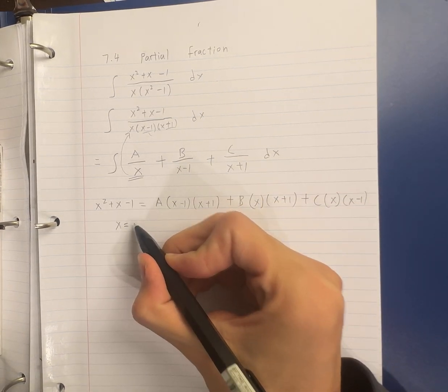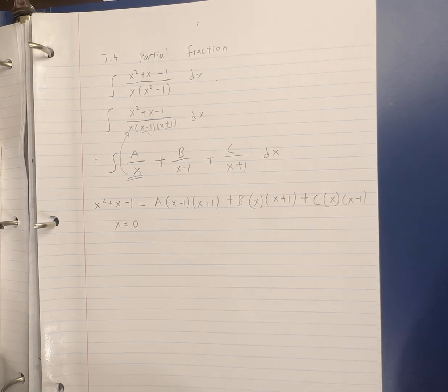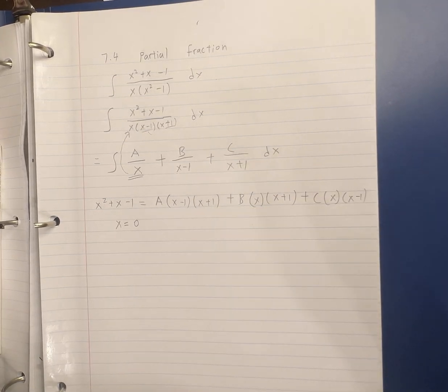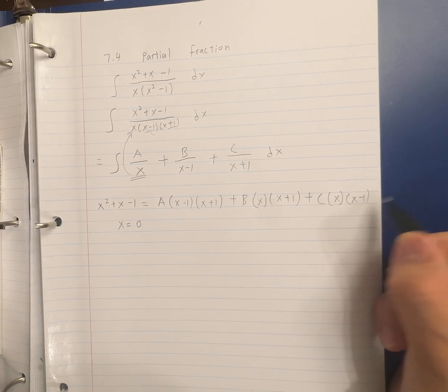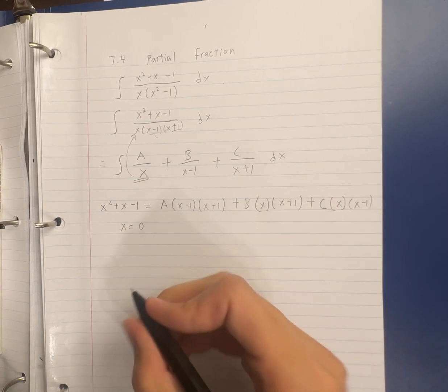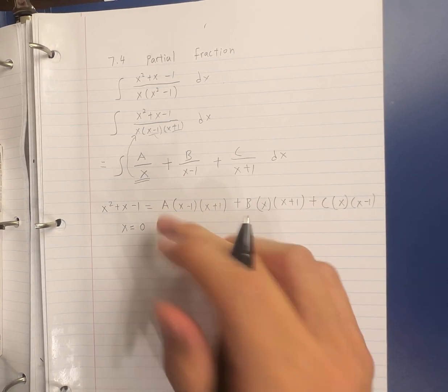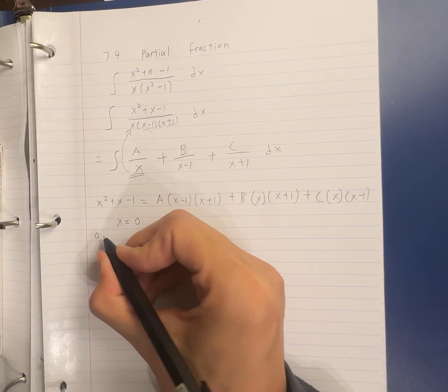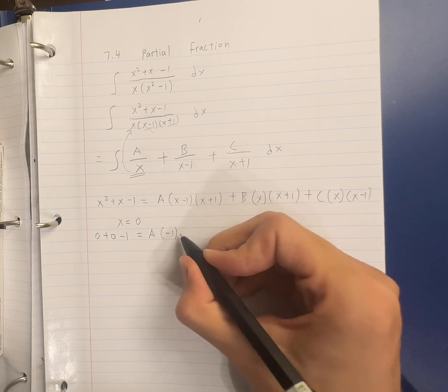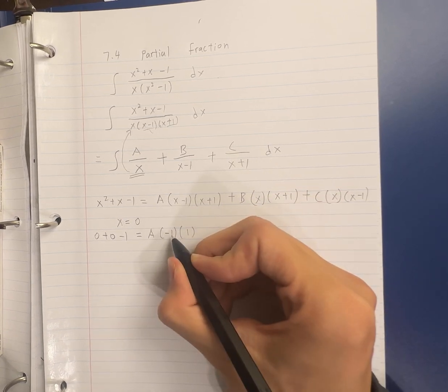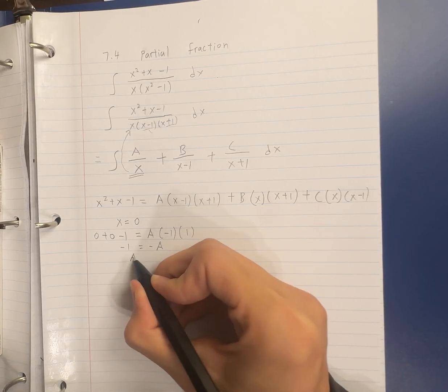If we use x equals 0, B times 0 is 0. Doesn't matter what B is, anything times 0 is 0. Same goes for C. C times 0 is 0. You don't even have to look at x minus 1 or the rest. It will be 0. So if I use x equals 0, it will be easy to help me solve for A. So x equals 0, I'll plug in over here: 0 plus 0 minus 1 equals A times negative 1 times 1. This gives me negative 1 equals negative A. A equals 1.